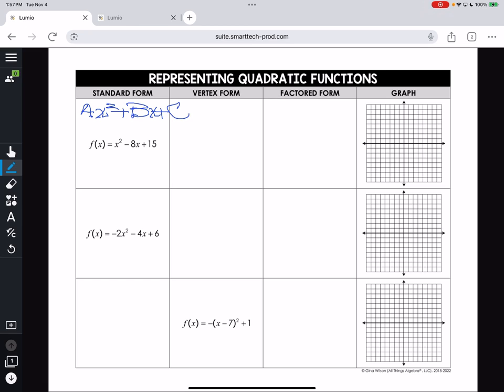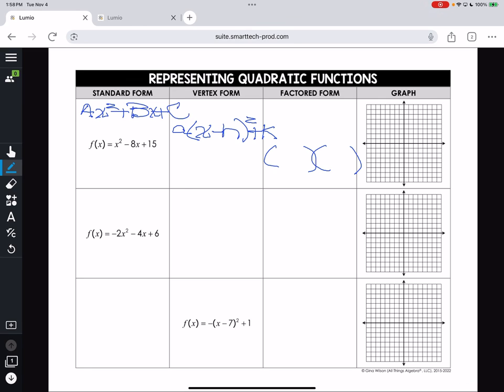Vertex form is going to be, I'm putting an A out here because it's your lead, and then that's x opposite h squared plus k. And then your factored form is really where you have the variables inside binomials. We've already worked 1 and 2.